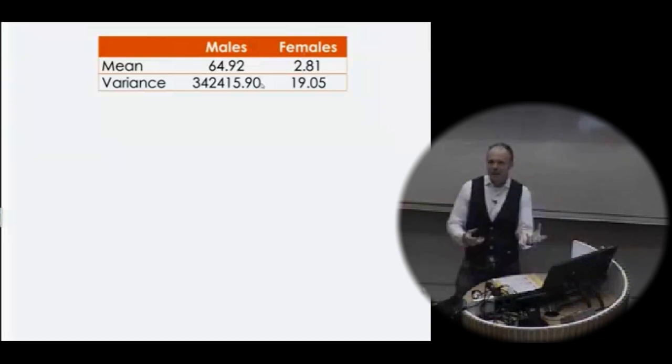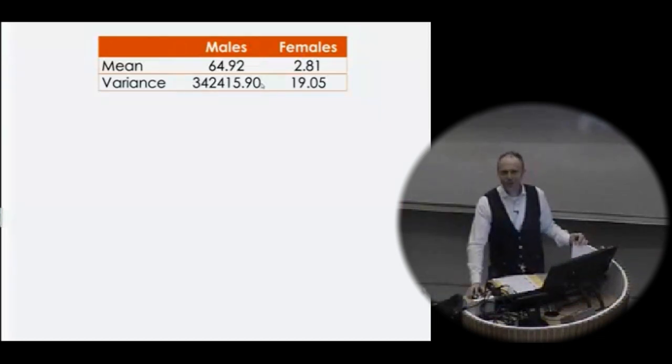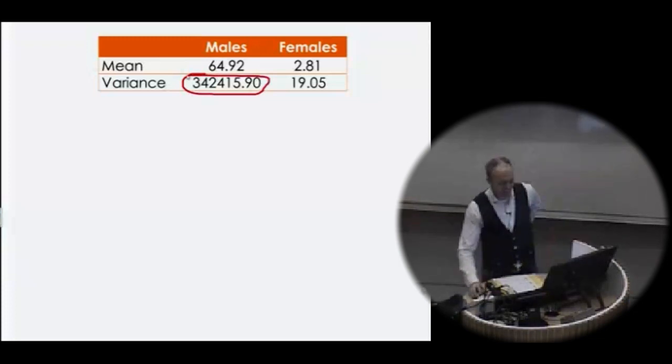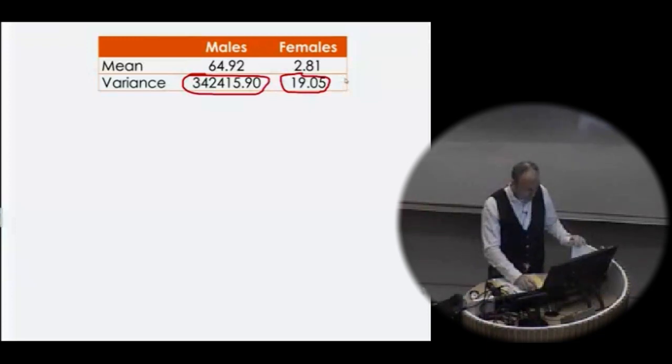Now, I'm going to come back to homogeneity of variance, but one big clue as to whether you've got unequal variances might be to just look at the variances. In this case, the variance in the male sample is 342,000, pretty big, compared to only 19 in the females. I think that's a pretty clear-cut case of heterogeneity of variance. But anyway, I'm getting ahead of myself there.